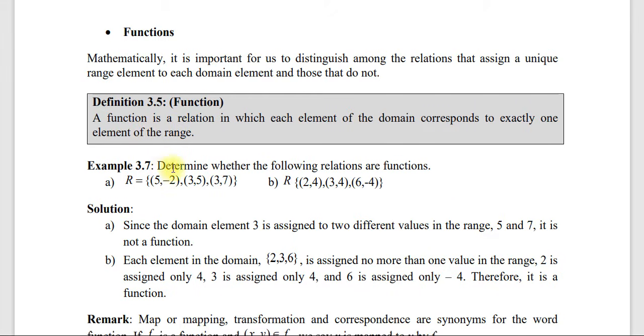እሱን ነገር መውሰድ አለባችሁ። ለምሳሌ determine whether the following relation are functions. A, R which is equal to the set containing (3,-2), (5,5), (3,5), (3,7).